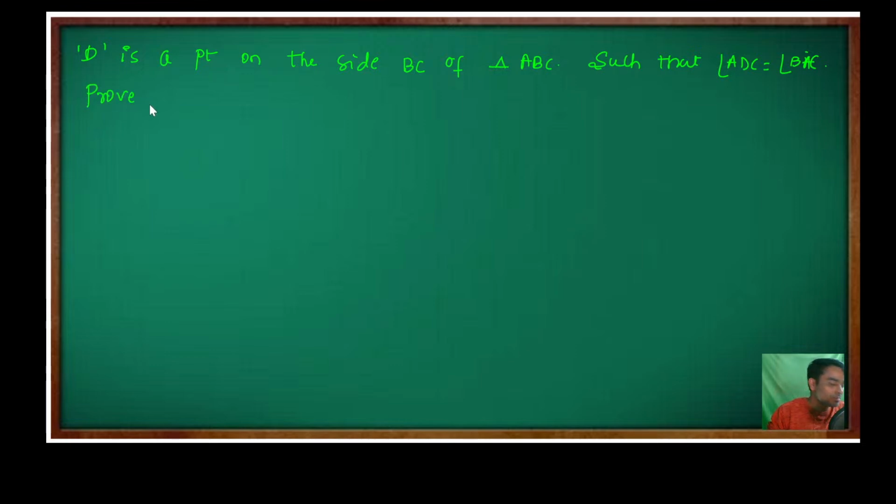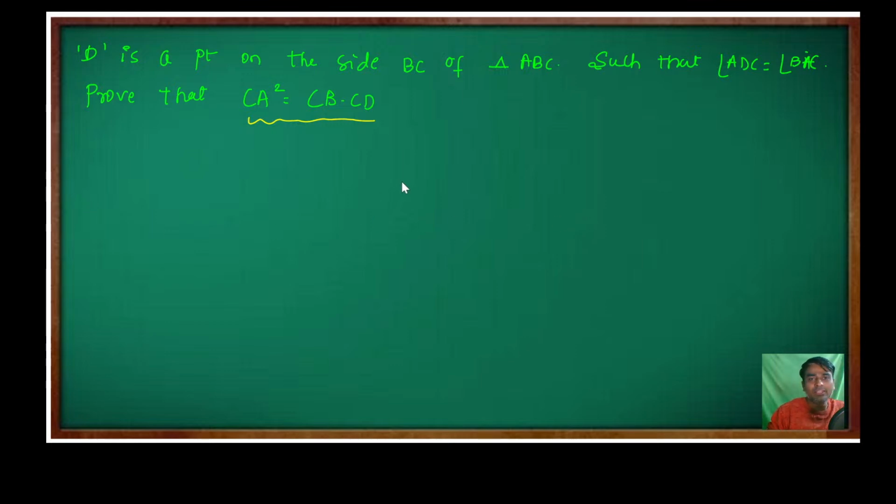Prove that CA square is equal to CB into CD. Okay, this is the question. Prove that CA square equal to CB into CD.